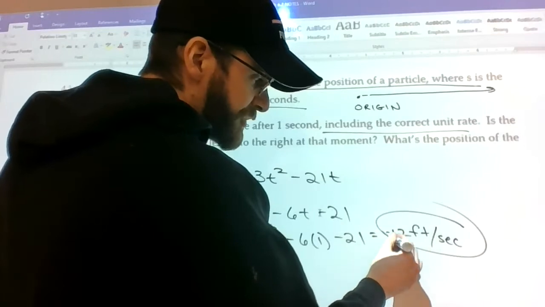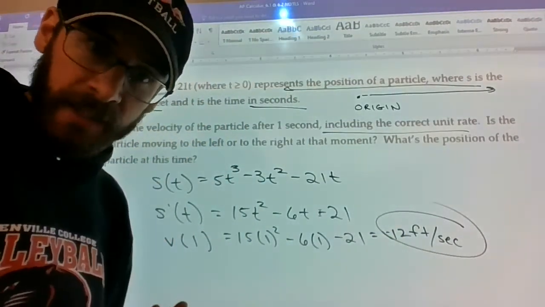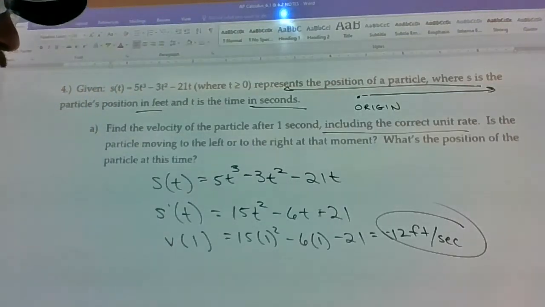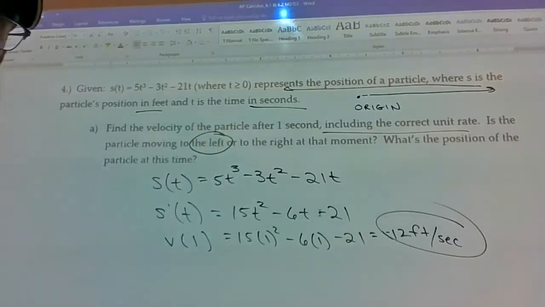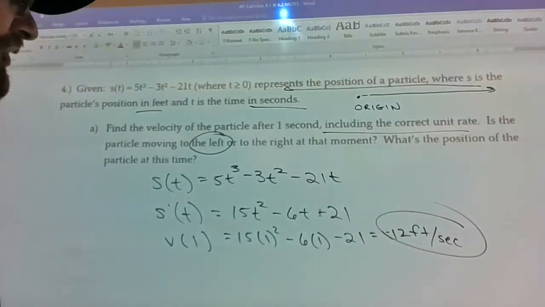Negative is important for velocity because it represents the direction the object is traveling. Is the particle moving to the left or to the right at that moment? We know it's going to the left. That negative is pointing us in that direction.